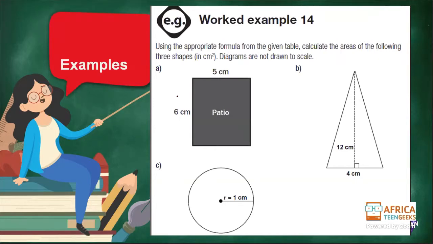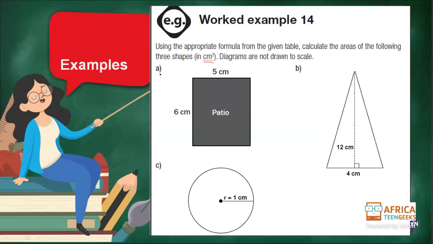Now let's look at example 14, number A. Use the appropriate formula from the given table. Calculate the areas of the following three shapes. Now, underline the units they're looking for. This is very important. They're looking for units of centimeter squared, or square centimeters.